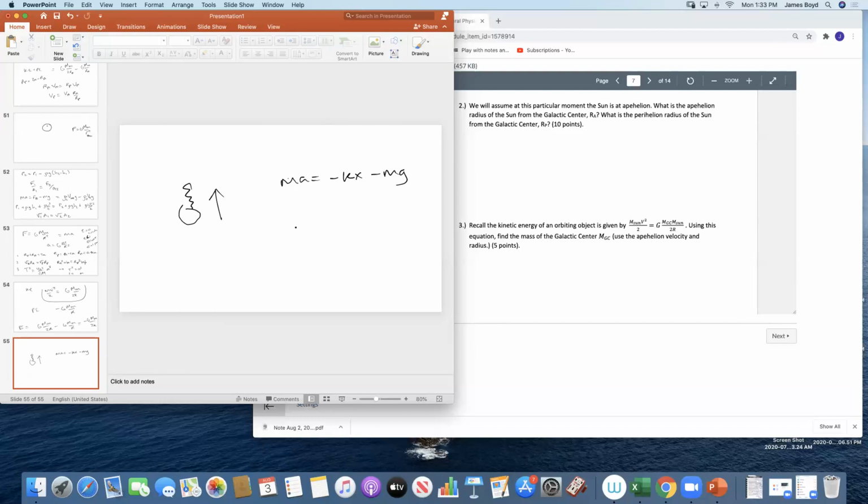If you try to find x of t for this, good luck doing the differential equation, because that's m d²x/dt² plus k x of t is equal to negative mg, right? That is a really, well, it's not that hard, but it's a semi-hard equation.